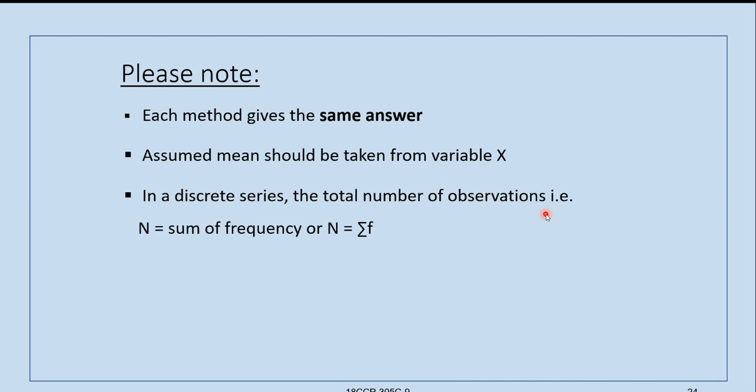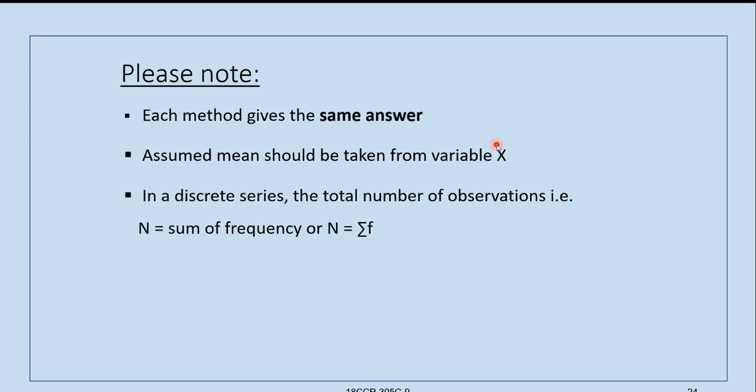That we have to assume. Remember, another one is assumed mean. You can take any value at your discretion. Normally, it should be preferred from the variable x, that is the number which is existing in the column, so that the calculations are minimized.